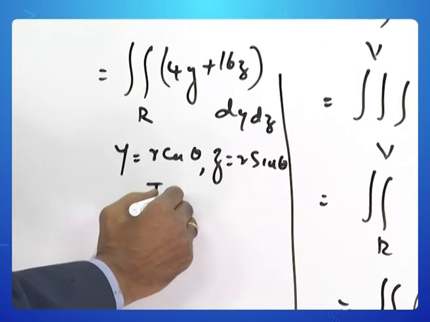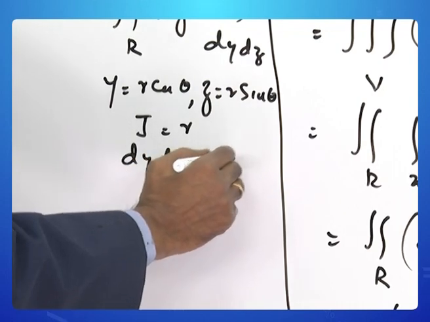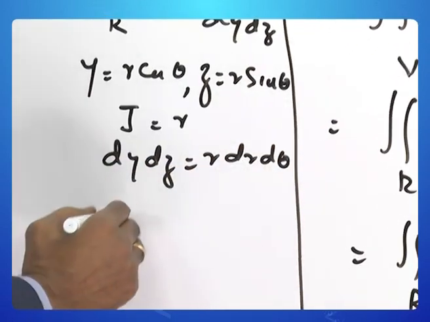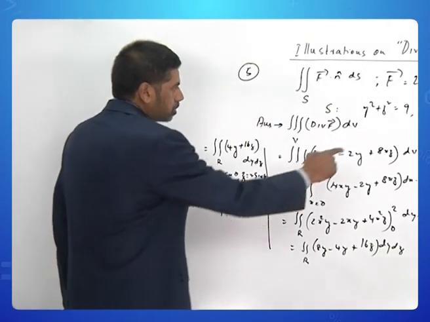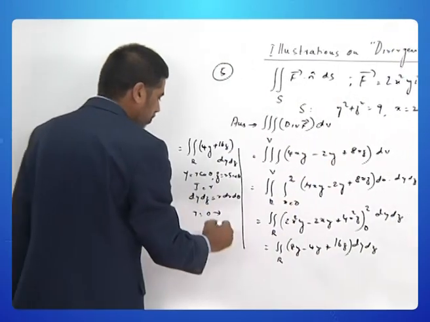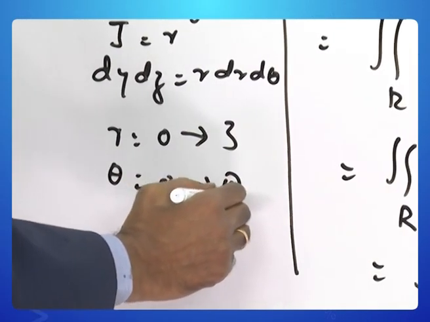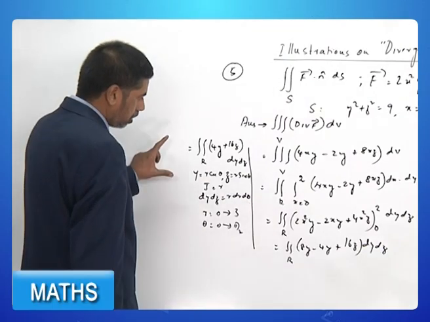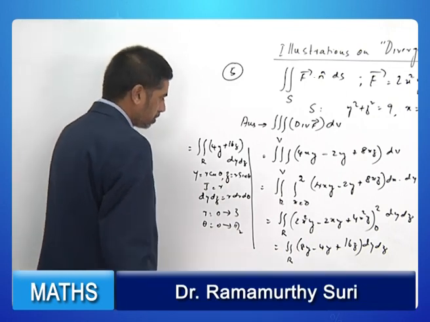Of course, we know the Jacobian is r, so dy dz becomes r dr d theta. Radius varies from 0 to 3, you can see that from this equation, and of course theta varies from 0 to pi by 2. So it is all now very simple. Within these limits you can perform the integration.